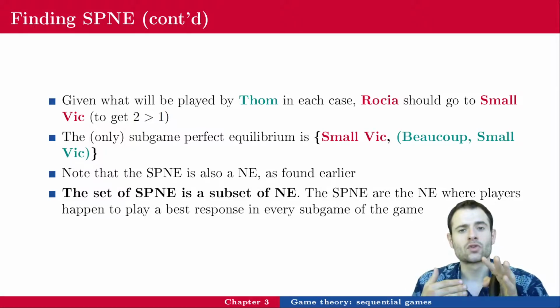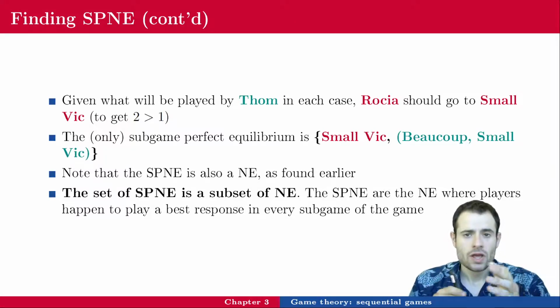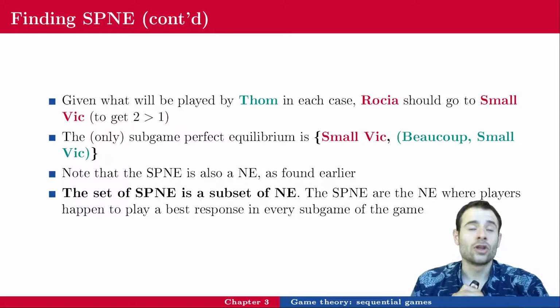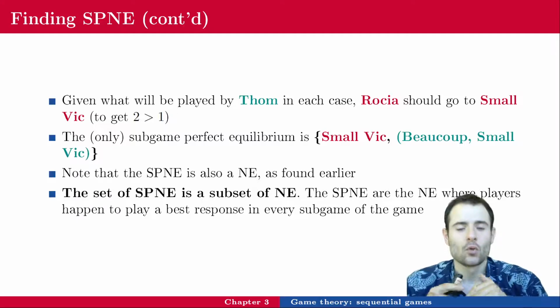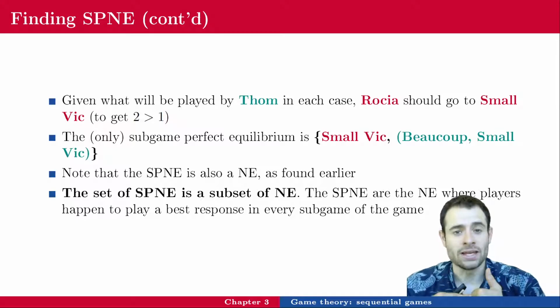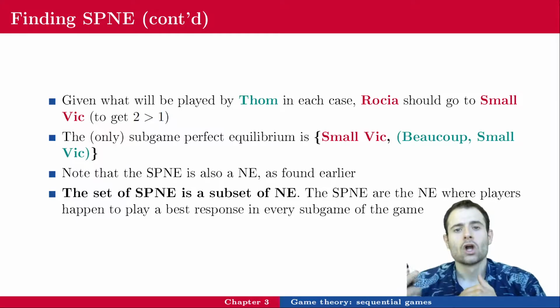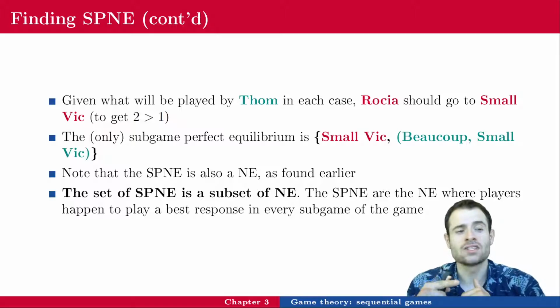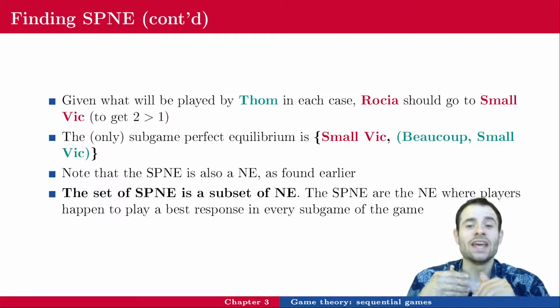The difference between the two is that in the Nash equilibria, there are two which are not SPNE. Tom is not playing a best response in each subgame. He's not playing a best response in each history of the game.